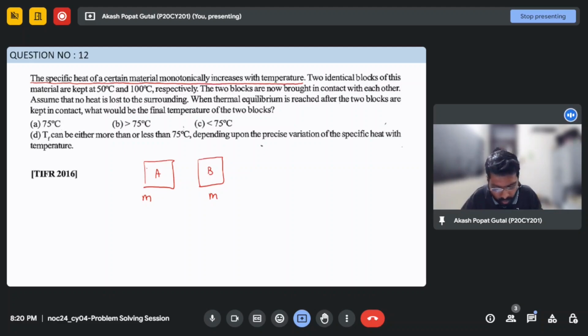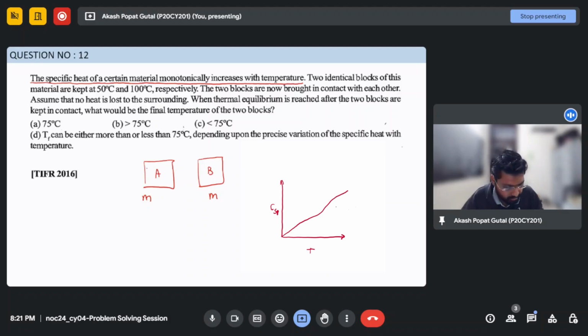Whenever you see the word monotonically in your question, it means that your quantity, or whatever the function is, relating the specific heat and the temperature, increases.